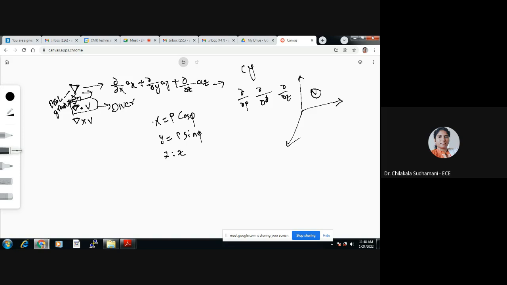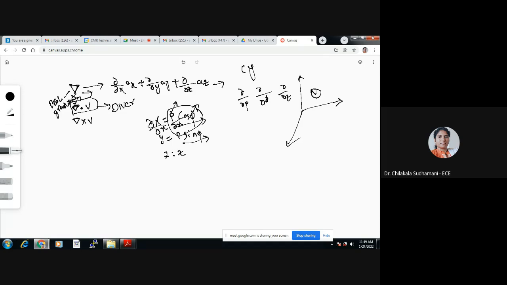simply differentiate this with respect to x. Then what will you get? dou by dou x is equal to dou rho by dou x. You have to do this with respect to the uv format, because rho depends on the x value and phi also depends on the x value. Similarly, differentiate with respect to y.